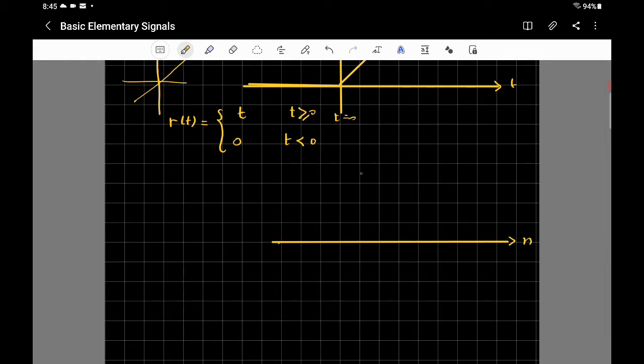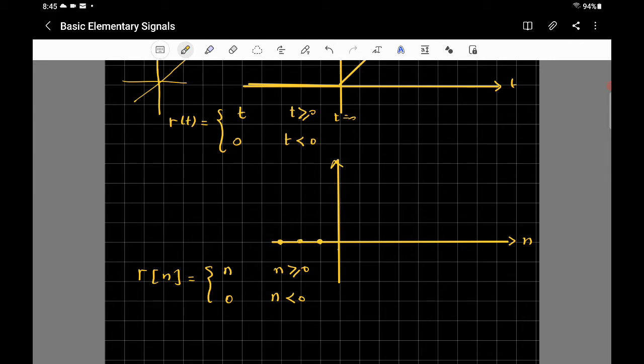That's the n axis, and the vertical axis. So R of n is defined as 0 when n is less than 0. And when n is greater than or equal to 0, it will be equal to n.